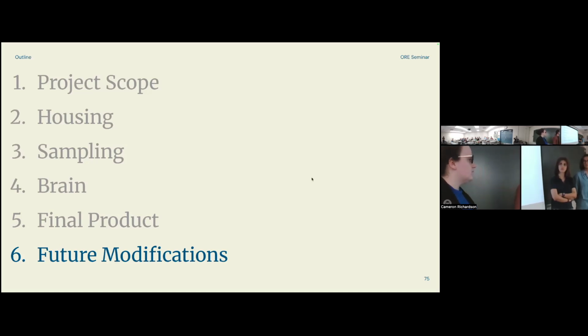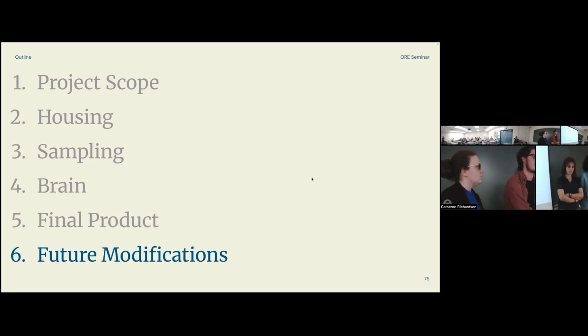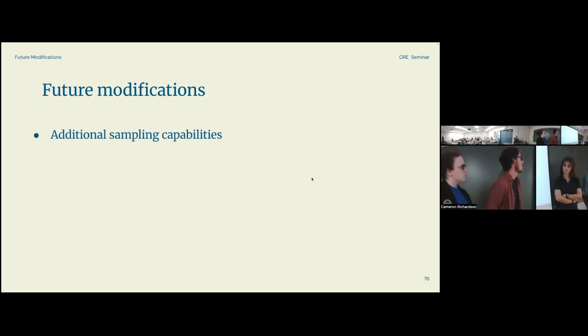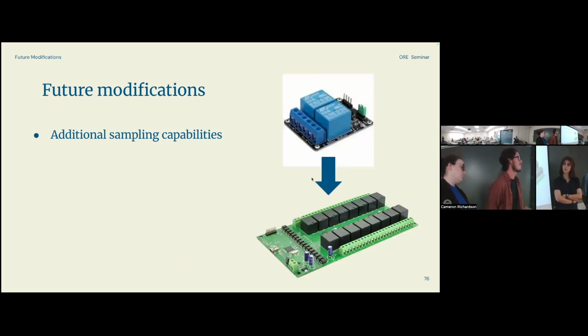Okay, getting into our future modifications and where we're trying to take this next. While we're pretty happy with what we did, we identified a couple of things that we wanted to improve upon in the future. Firstly, additional sampling capabilities. We did have a 1-channel relay, which basically means we could only dispense 1 sample per brain.